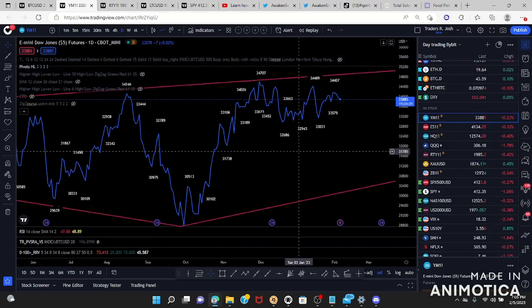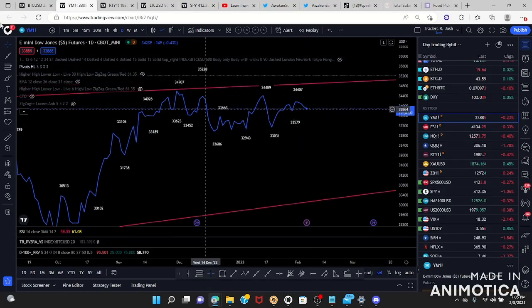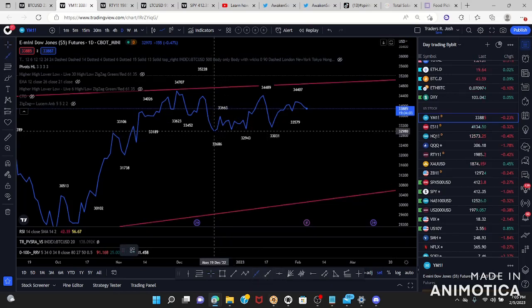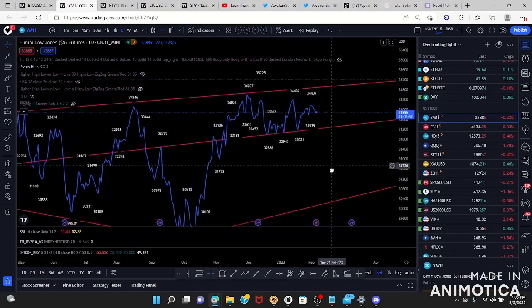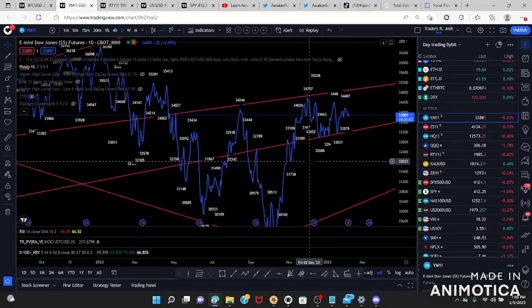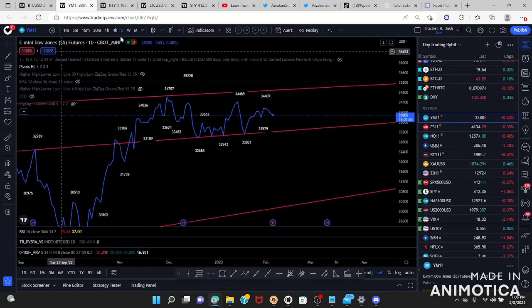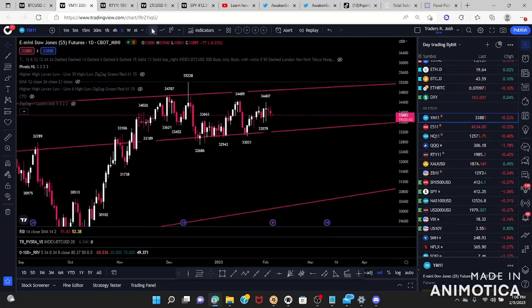We could use our pivot highs to help us find our support, but I mean, it's right here. Beautiful. And let's go back to the wicks here. So let me show you what I have created.